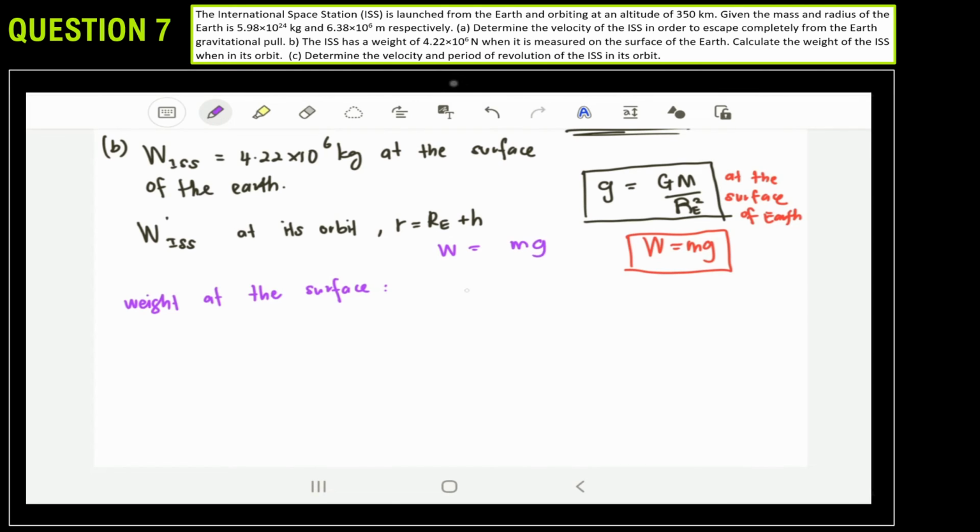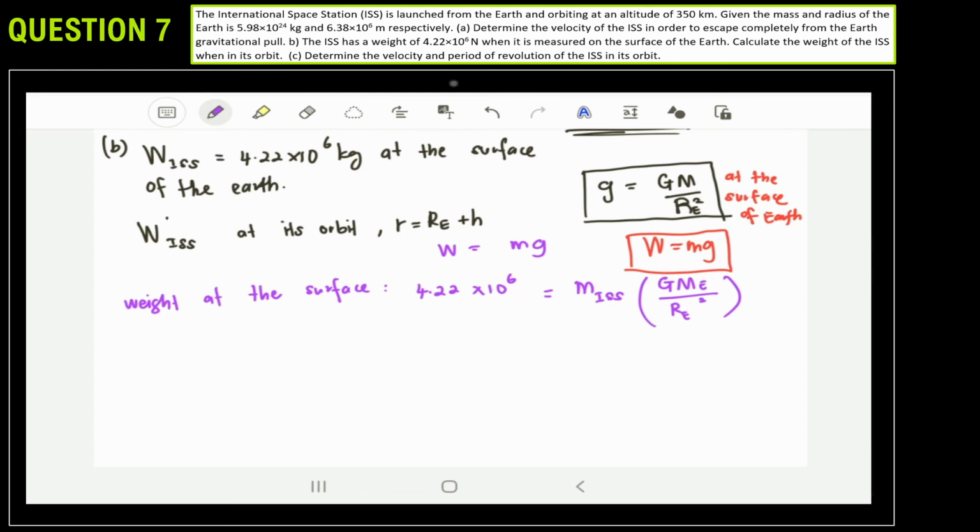So I'm going to write W at the surface, which is given as 4.22 times 10 power of 6, equal to the mass of the ISS, which we are not given, times the gravitational field strength, GM, the mass of the Earth, over RE squared, because it is on the surface of the Earth.